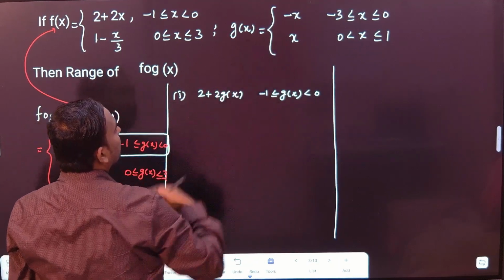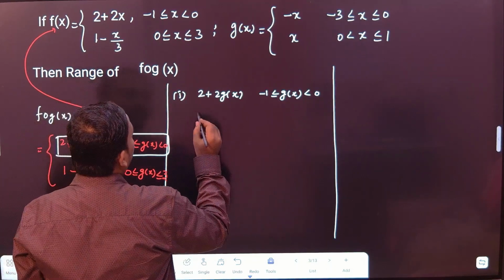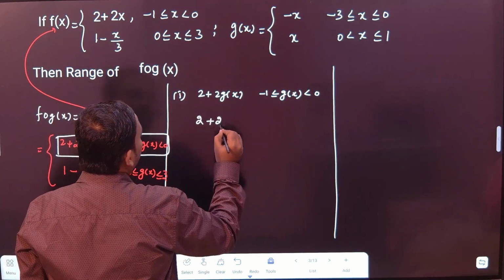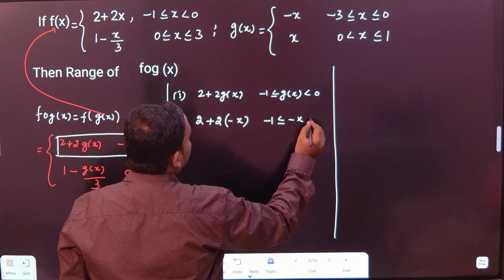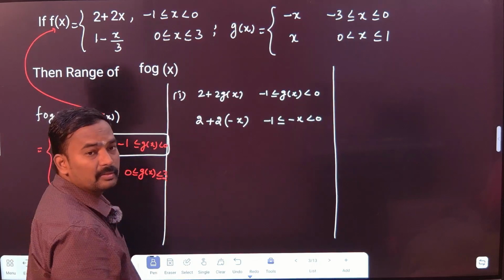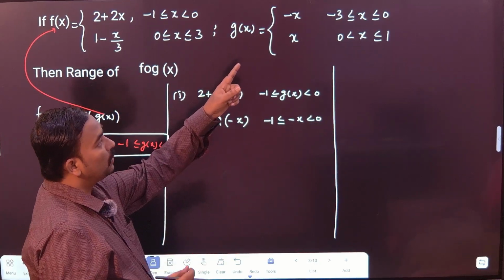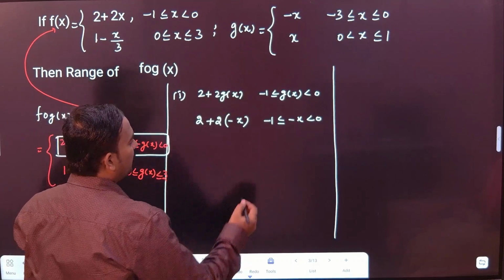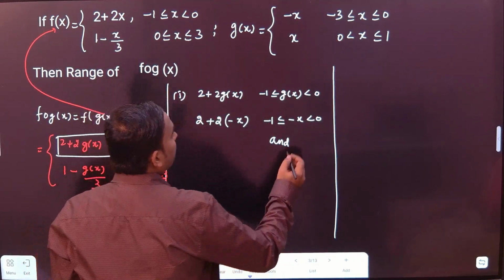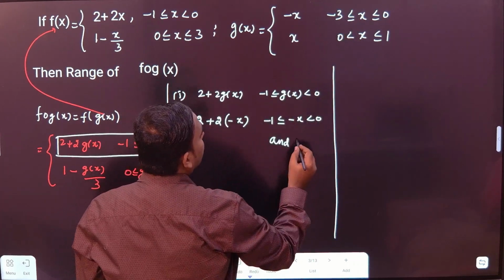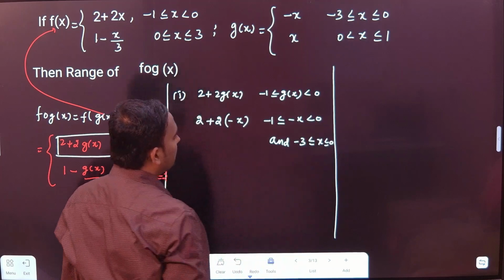First you apply minus x. So 2 plus 2 into minus x, for minus 1 less than or equal to minus x less than 0. And g of x equals minus x when x is in minus 3 to 0, that also you have to take, because otherwise it is not defined. Within this interval only you have to take: minus 3 less than or equal to x less than or equal to 0.